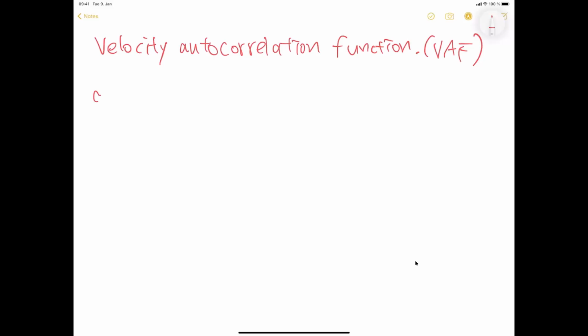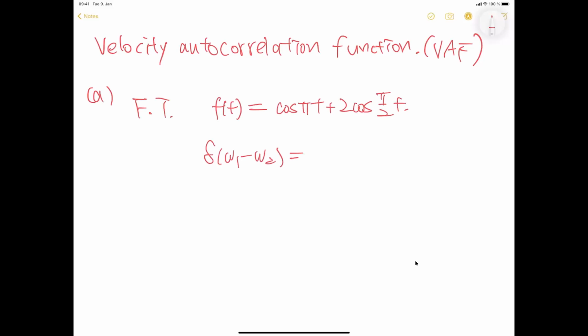And in part A, we want to perform the Fourier transform of this function with the help of this mathematical identity of the delta function.